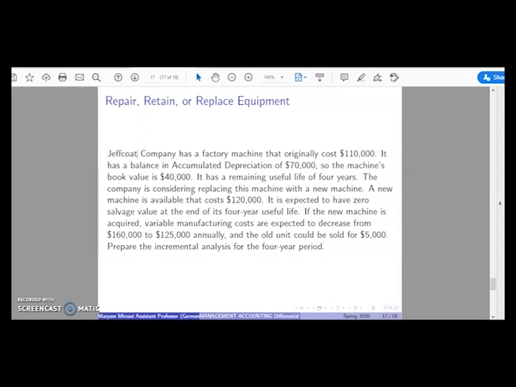If the new machine is acquired, variable manufacturing costs are expected to decrease from $160,000 to $125,000 annually, and the old unit could be sold for $5,000. Prepare the incremental or differential analysis for the 4 year period.